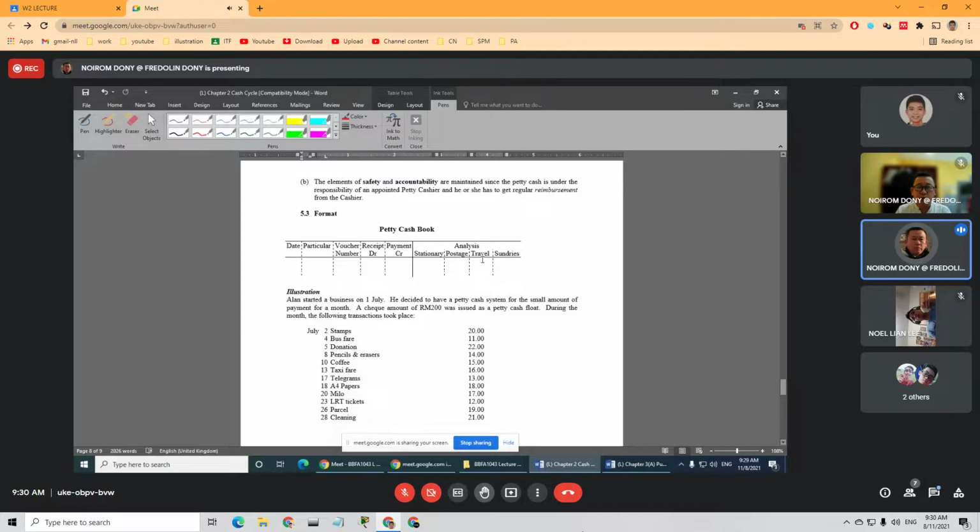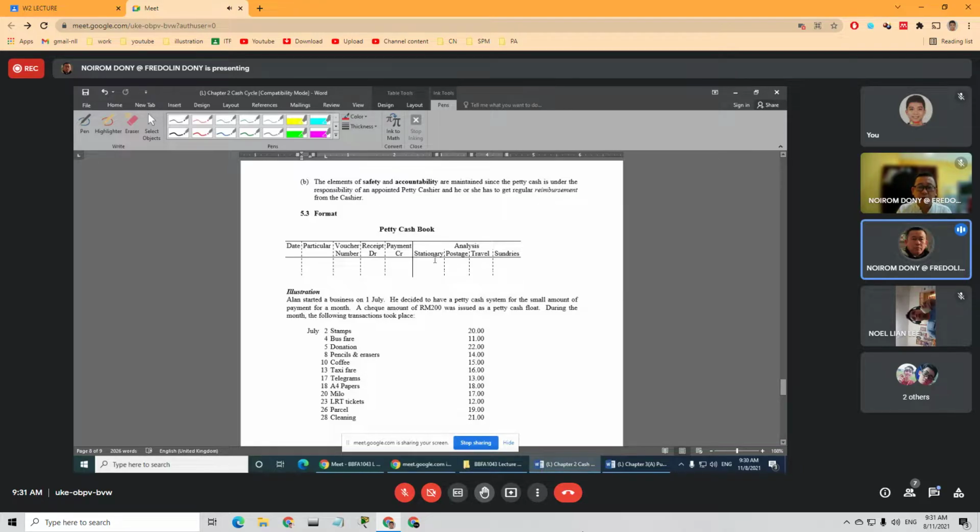This one is related with traveling, not referring to a passage like air tickets. No, this is referring to bus, taxi fare, LRT fee, anything that is related with transportation. Let's say you have to compensate the fuel that is used by the staff, so that is under travel also.